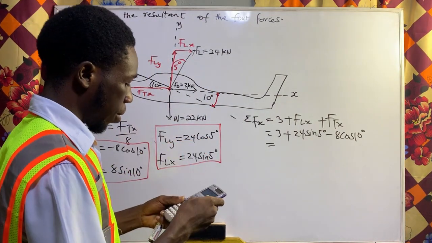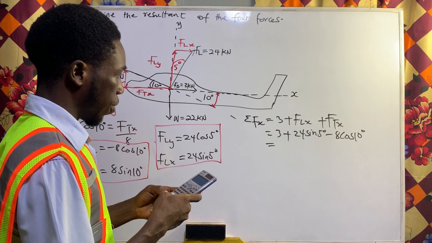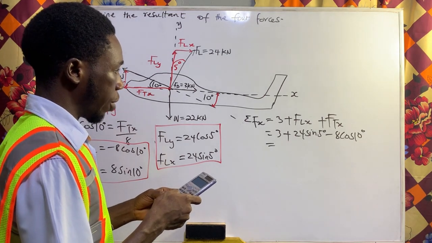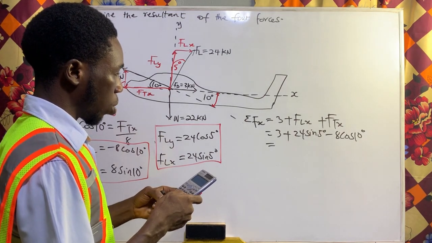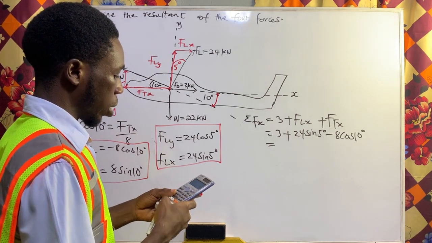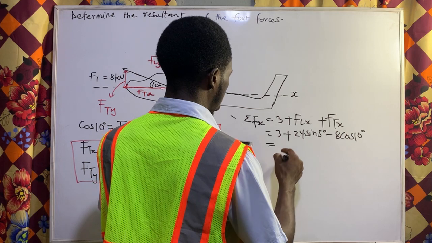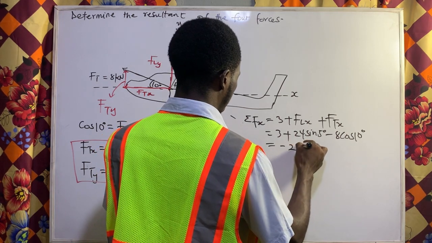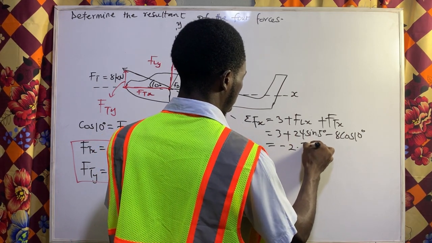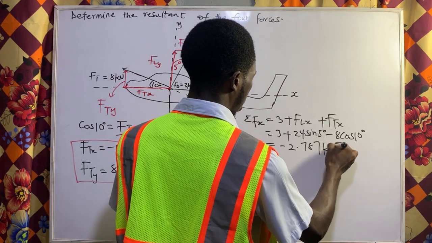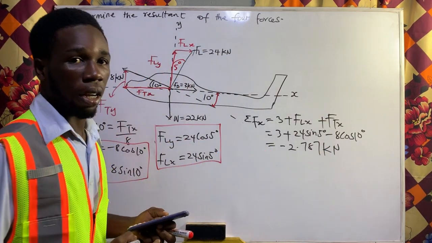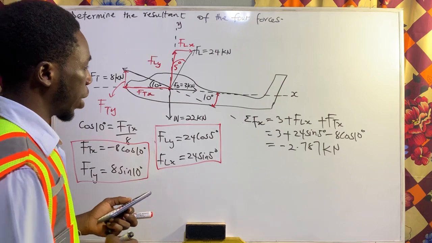So we have 3 plus 24 sine 5 degrees minus 8 cos 10 degrees. Okay, so this will give us the sum of the forces in the x-axis direction to be minus 2.787 kilonewtons.